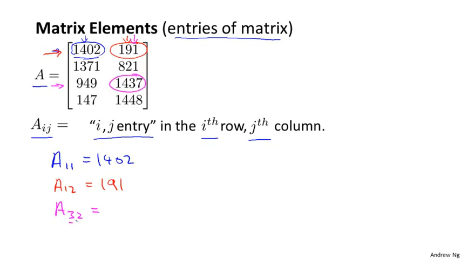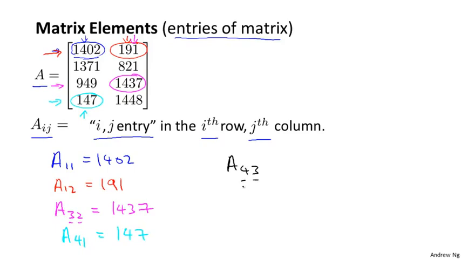Because that's 3, 2. So that's equal to 1437. And finally, A41 refers to this one, the fourth row, first column, which is equal to 147.